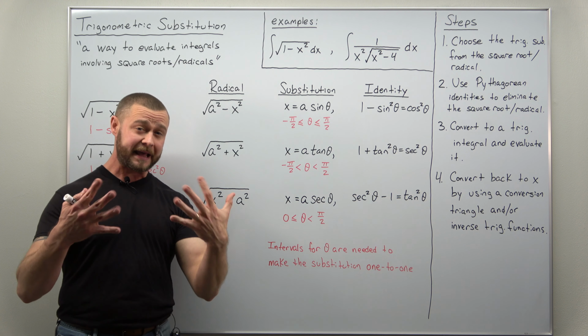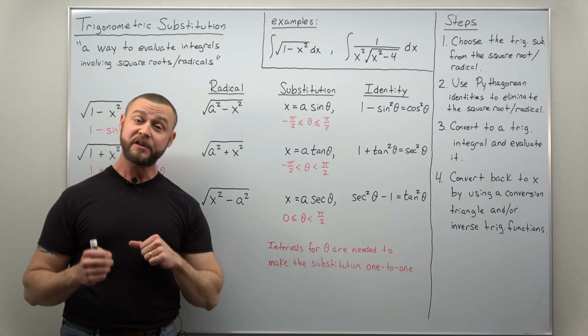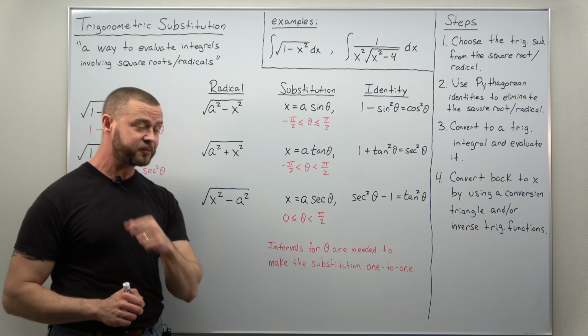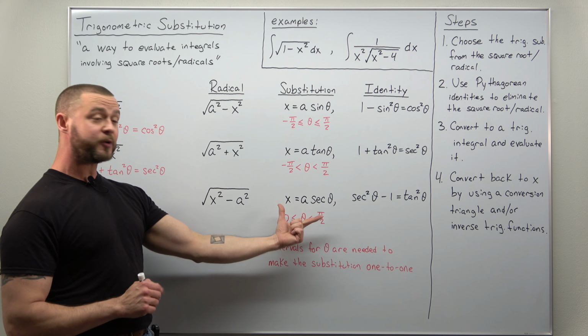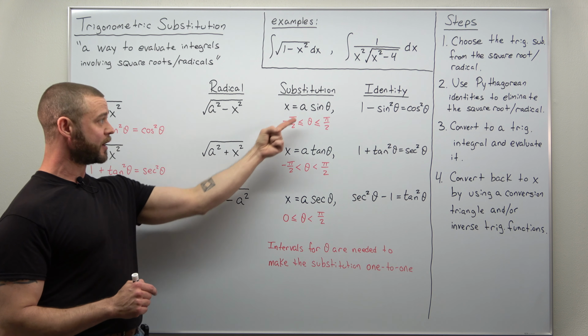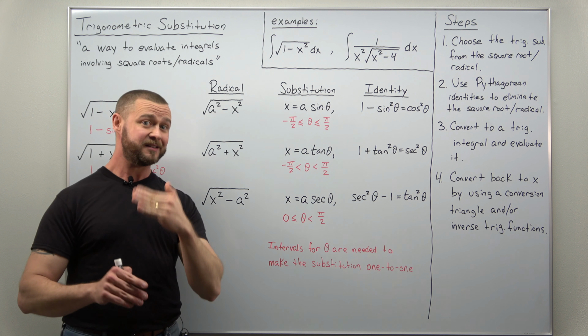Now, I hate to tell my Calculus 2 students just to memorize things, but this is one of them. So for each of these three radical or square root expressions, memorize these three substitutions. The square root of a squared minus x squared, that is a sine substitution, x equals a times sine theta.